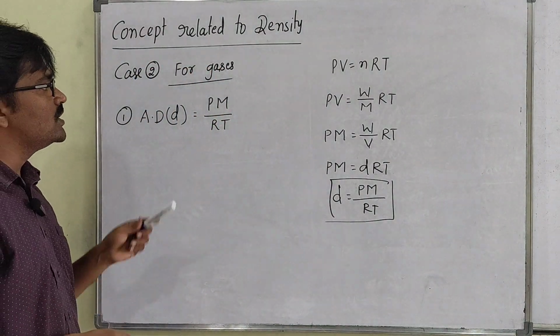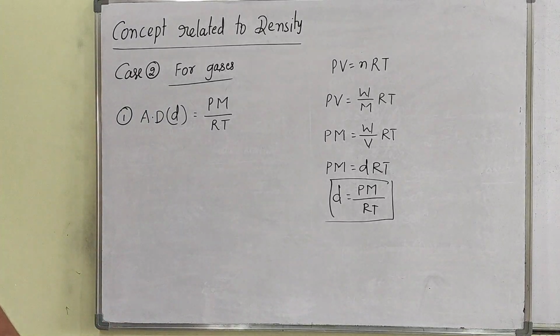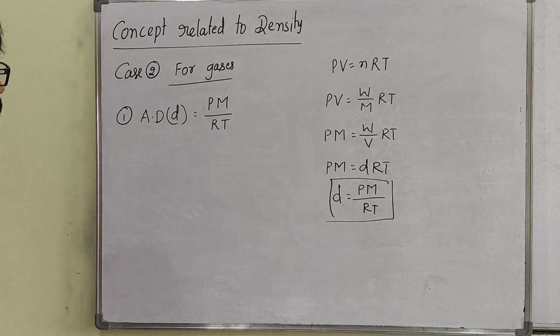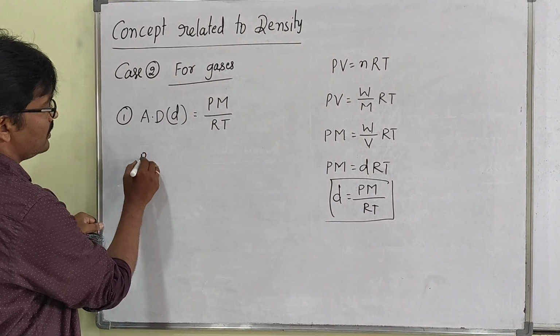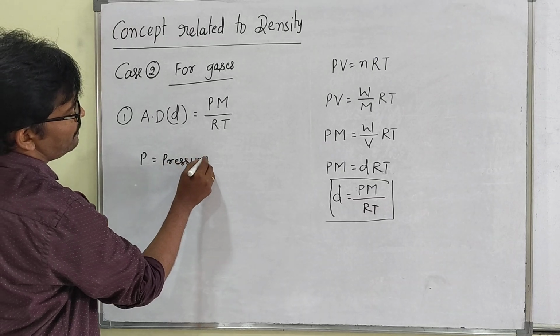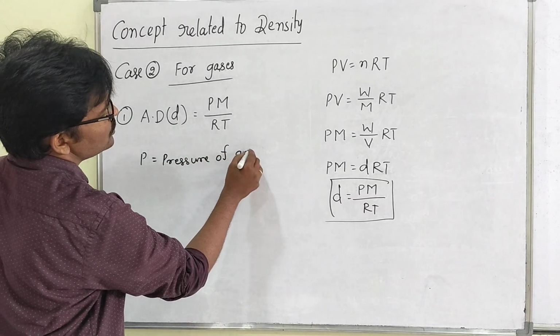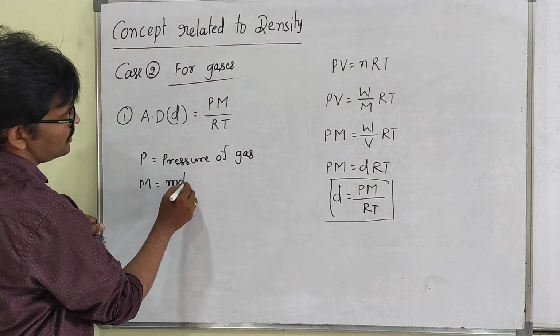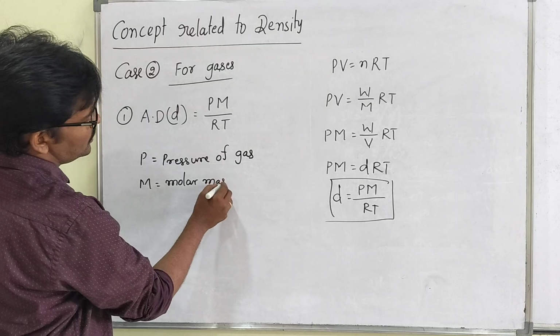To find out the absolute density of gases, sir, we use this formula. Sir, now, what is the pressure? P is nothing but the pressure of the gas. That means you should not find it out without the pressure of the gas. Then M is nothing but molar mass, it should be known.